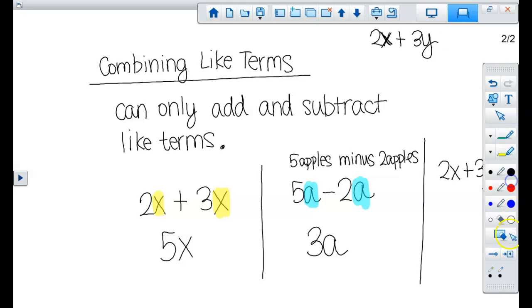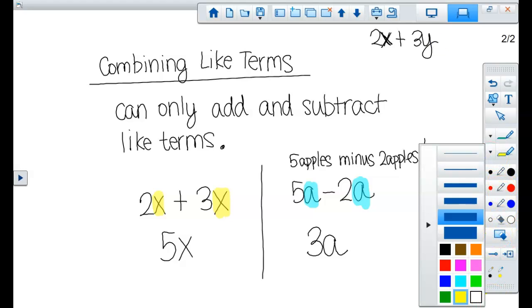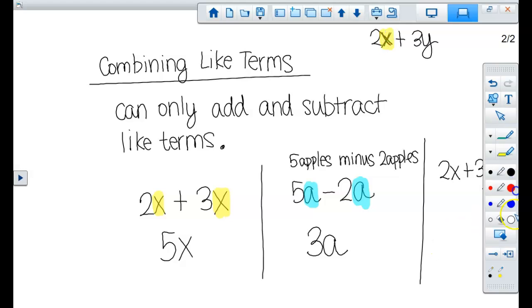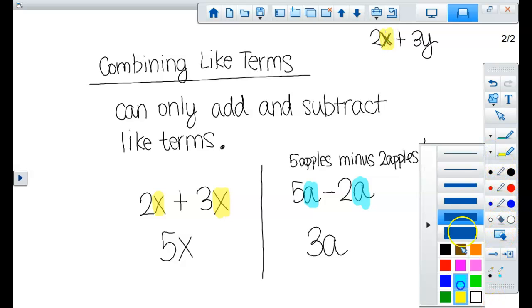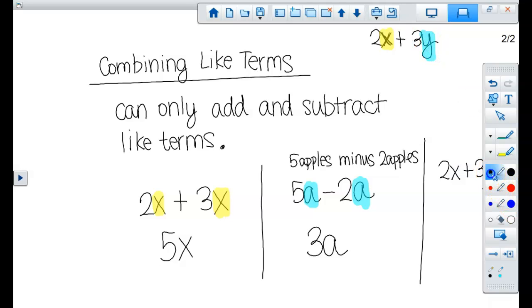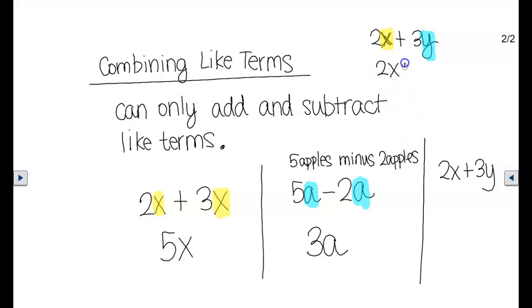Are these like terms? The answer is no, because this one has a last name of x, while this one has a last name of y. So I can't combine these. I can't do this addition problem because I don't have like terms. So the answer for this would be 2x plus 3y. Not like terms, so I cannot combine.